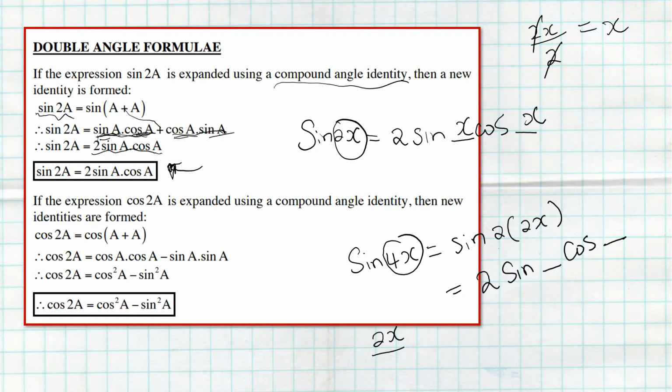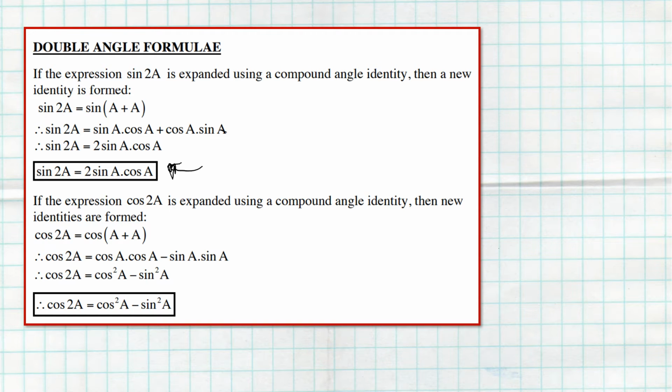So 4x divided by 2 gives 2x. Sine 4x is the same as 2 sine 2x cos 2x. We'll look at that as we proceed with this lesson, and as I give you many more examples like that.